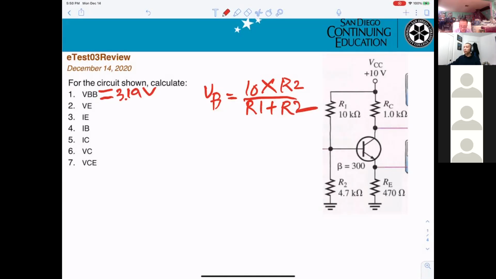That means right at this point, 3.19, and this will be 0.7.